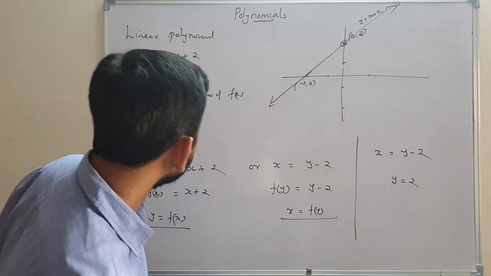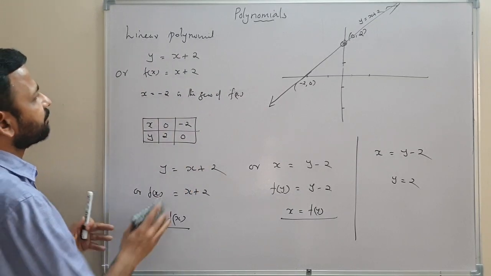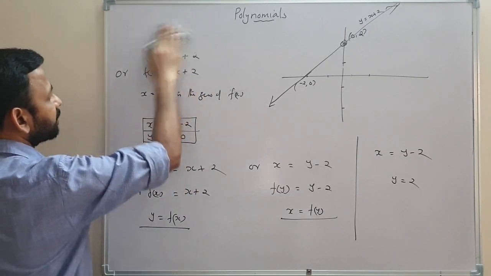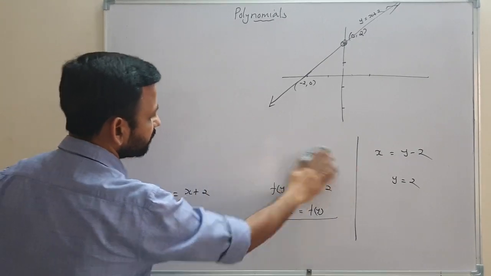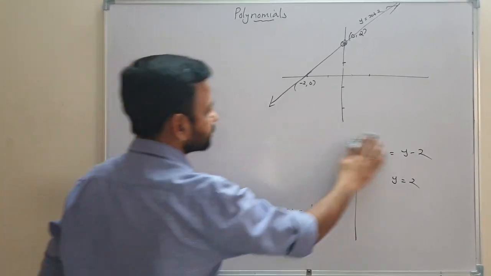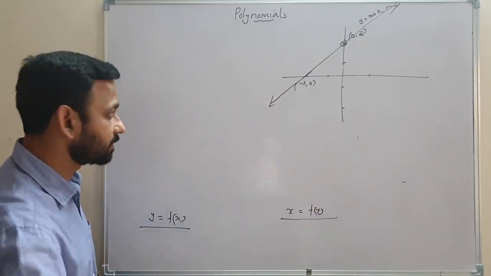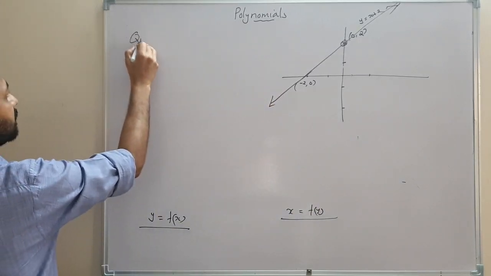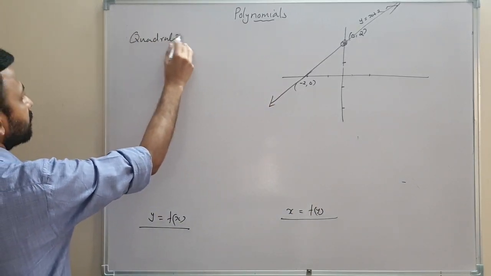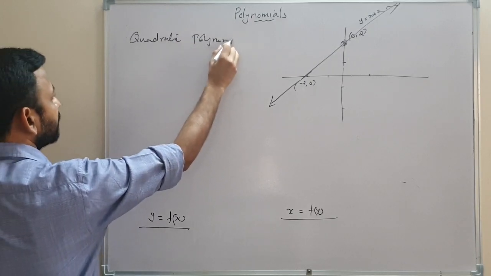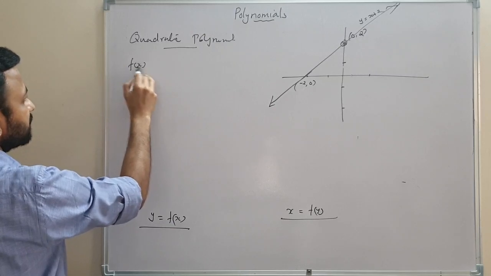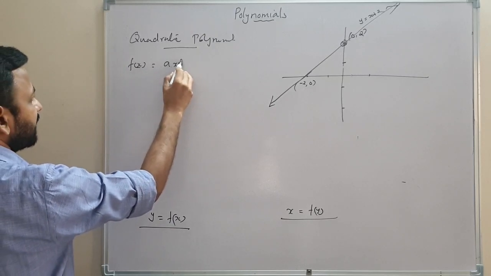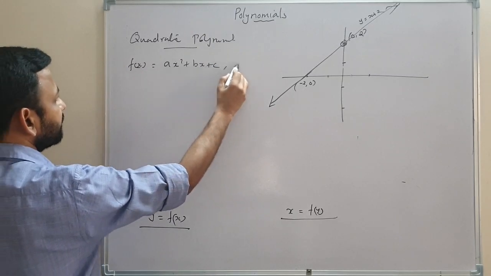And similarly, when we draw the graph of a quadratic polynomial, f of x is equal to ax square plus bx plus c, where a is not equal to 0.